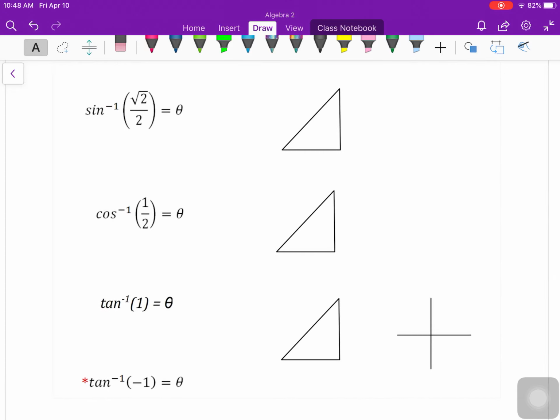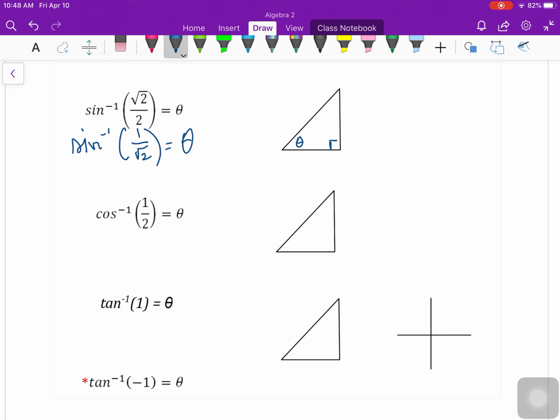So let's try a few. I have sine inverse of square root 2 over 2 equals theta. Well, there I see that simplified version. So that actually means sine inverse of 1 over square root 2. That's where it would have started, equals theta. So since I'm always in the first quadrant, I know that my theta is going to be here, and this is going to be my 90.